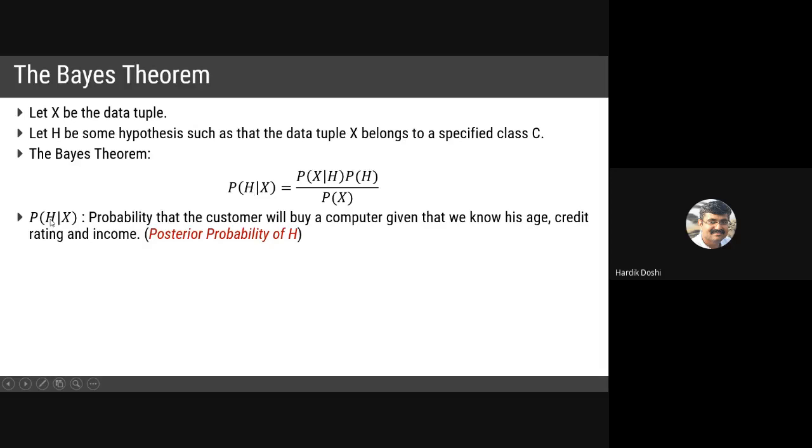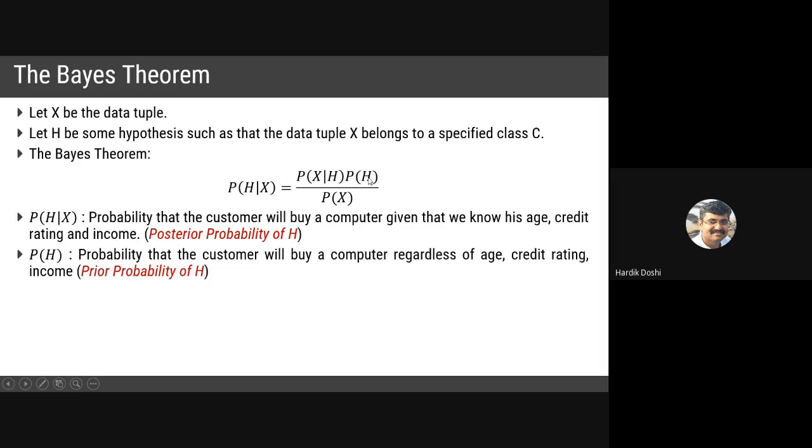So that probability P(H|X) is also termed as the posterior probability of H. Because we are having this X tuple, data tuple, which consists of age, credit rating and income. And from that we need to decide whether he buys or not.